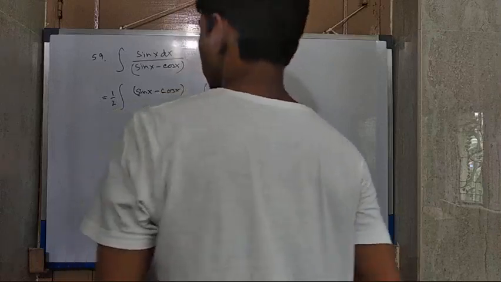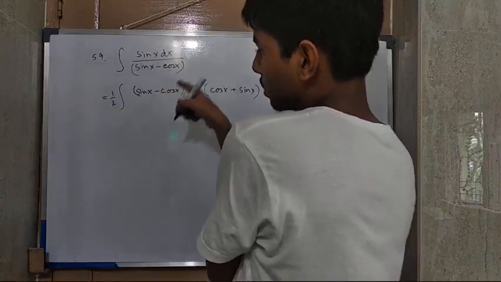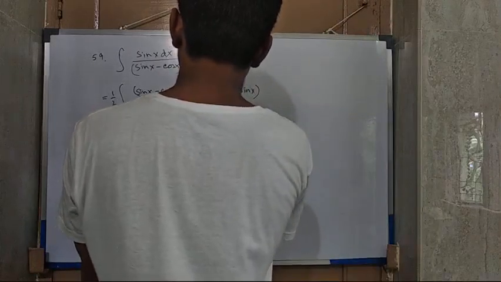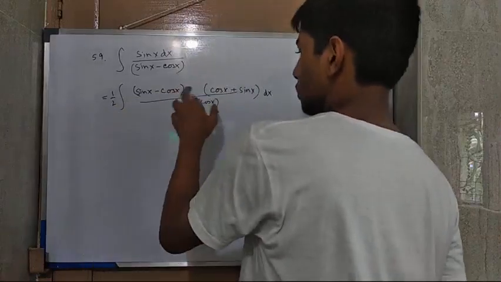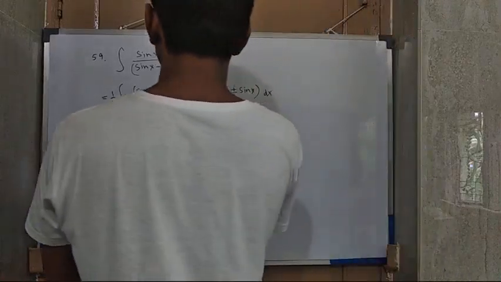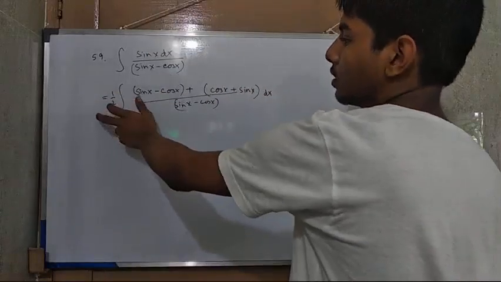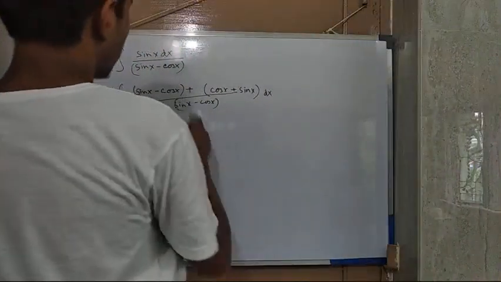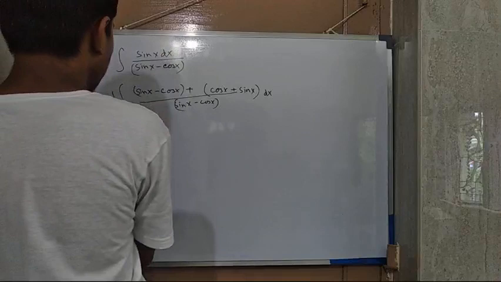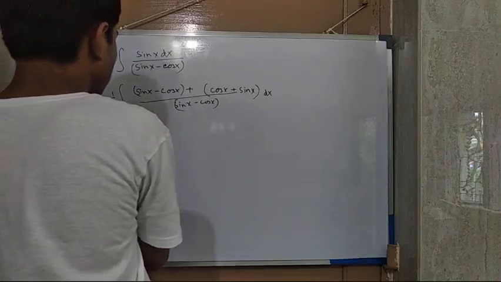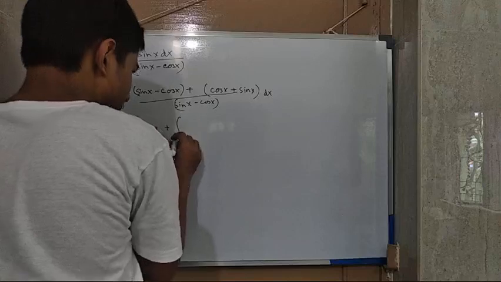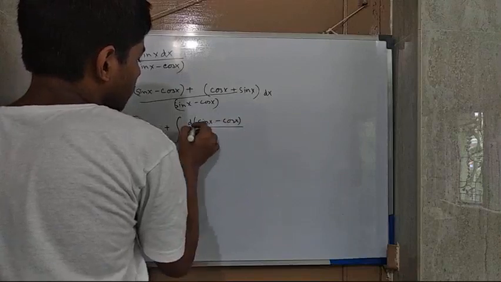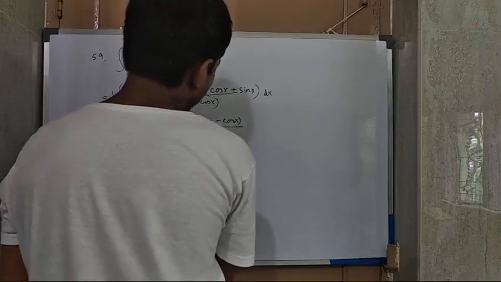So now think of sine, for which this is divided by the sin x minus cos x times dx. If we do a plus, then this will become 2 sin x, and we will get back our previous expression. So this is actually half times integral dx plus integral d of sin x minus cos x divided by sin x minus cos x.